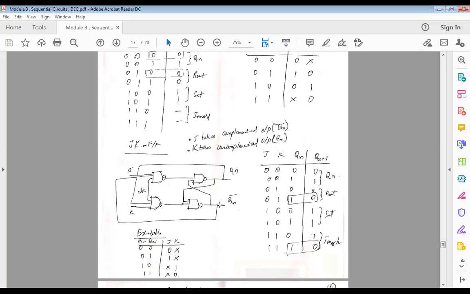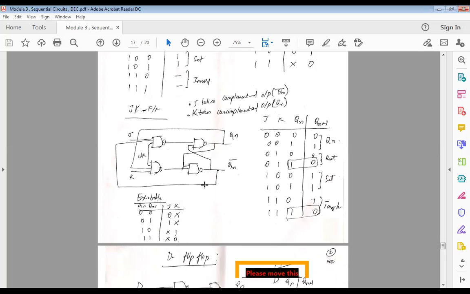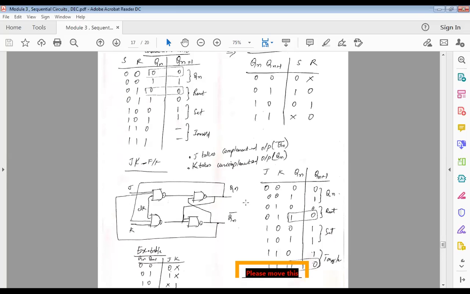So as usual, it is cross coupled here. With this configuration, even though we have 1, 1 state, it's not going to hurt us. So you can see that with 1, 1, with the excitation table, I think you are now very much aware of this characteristic table and excitation table, isn't it?